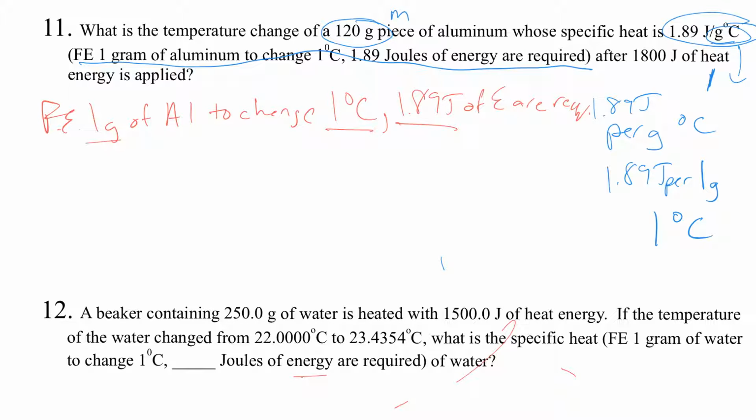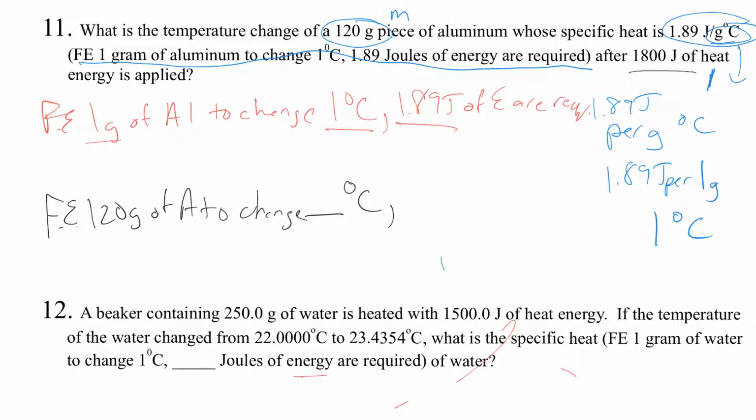But we don't have 1 gram. We've got 120 grams of aluminum. And we don't want it to change just 1 degree Celsius. We want it to change, we don't know how much it's going to change. And then we're going to say, okay, look, well, this is 1,800 joules of heat or energy.